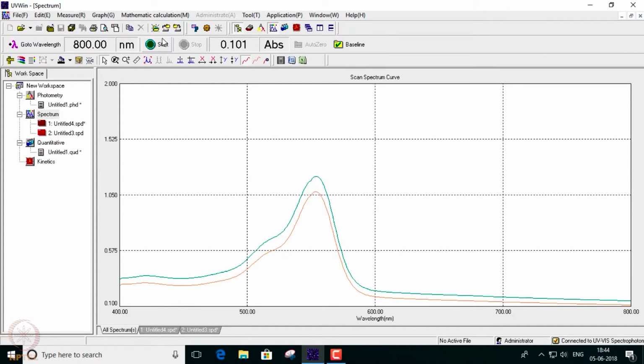So now we are going to record the spectrum of the dye at time t equal to 45 minutes. This is the time for which we have kept the dye in solar irradiance. So we have been keeping the sample in solar irradiance for the last 45 minutes. We have drawn some sample from it and we are now measuring its absorbance.